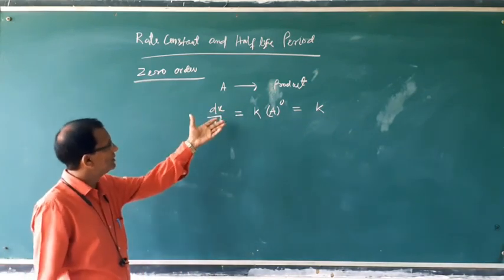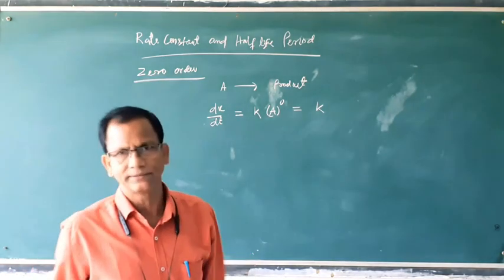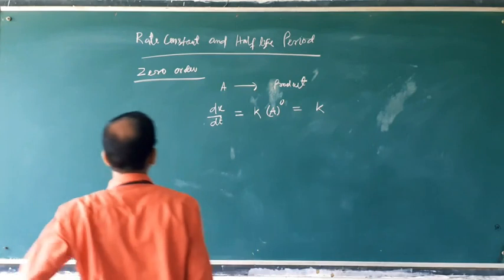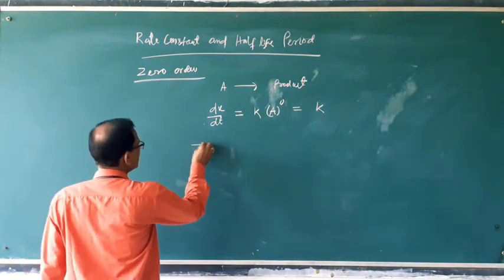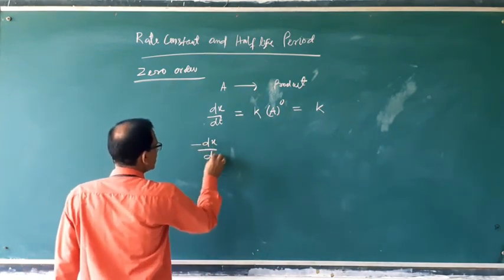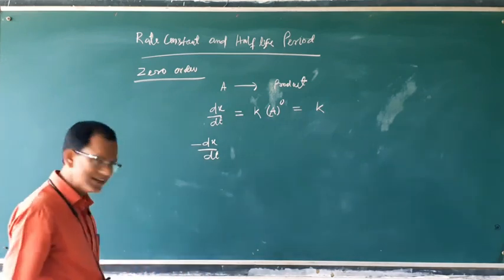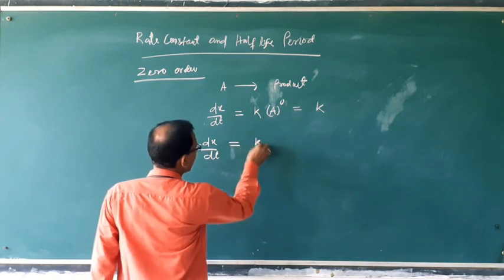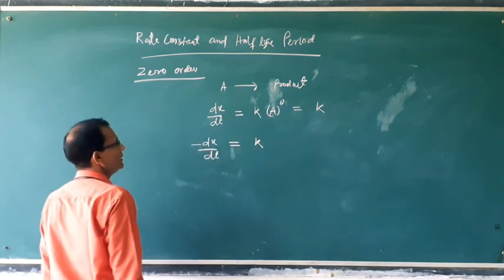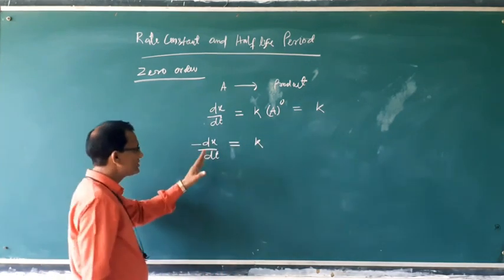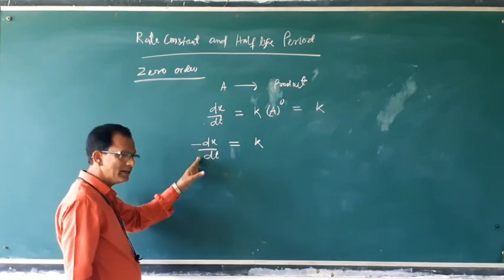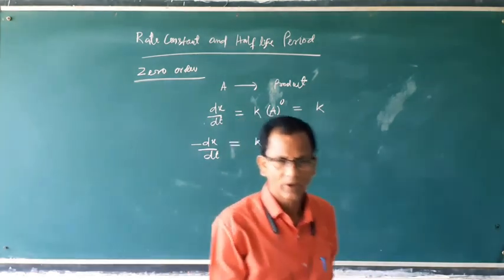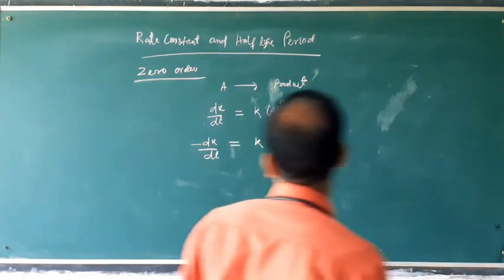If you express the rate for the reactant, we know minus dx by dt is equal to k. That means this rate for the reactant does not depend upon the concentration of A. That is the expression of zero order.